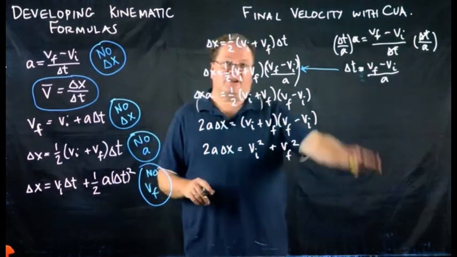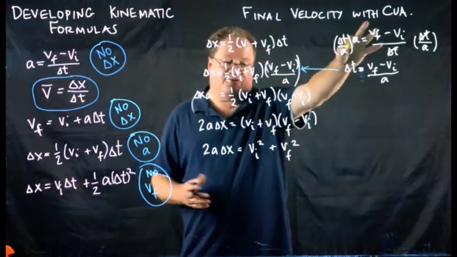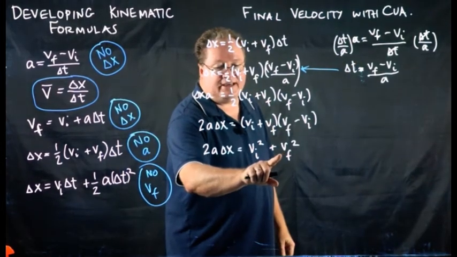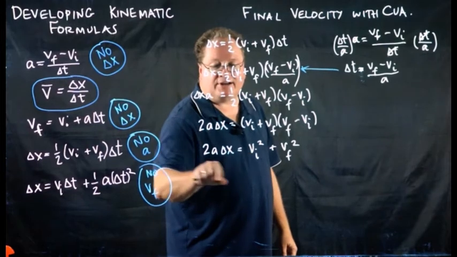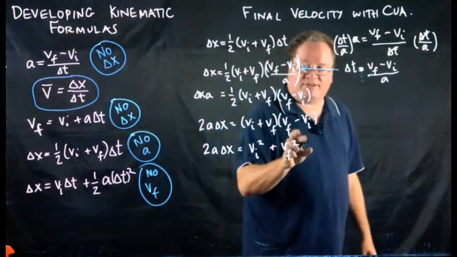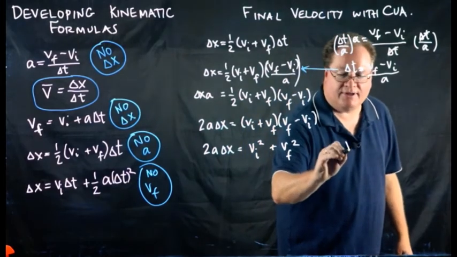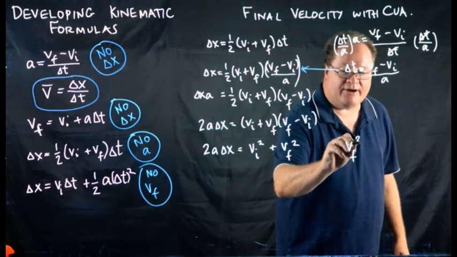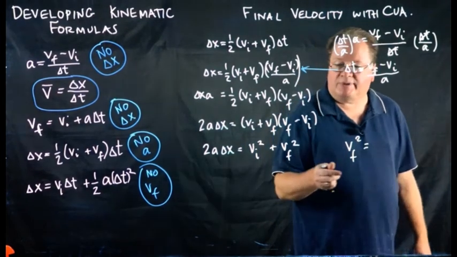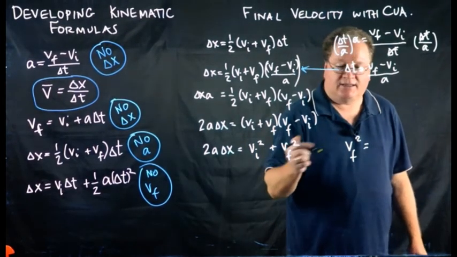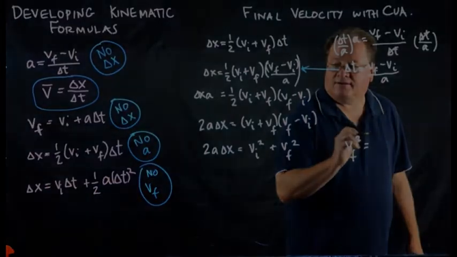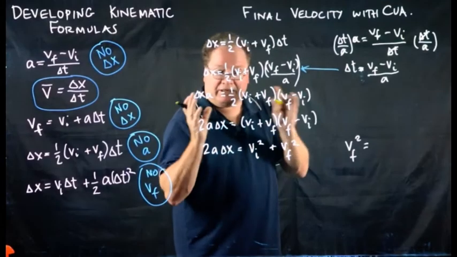So this equation in the end is going to be for final velocity. All I need to do to isolate final velocity then is move the vi squared to the other side by subtracting. My final version of this equation then is going to look like so. vf squared equals, when I move that over, I should be subtracting it. I made a mistake here.